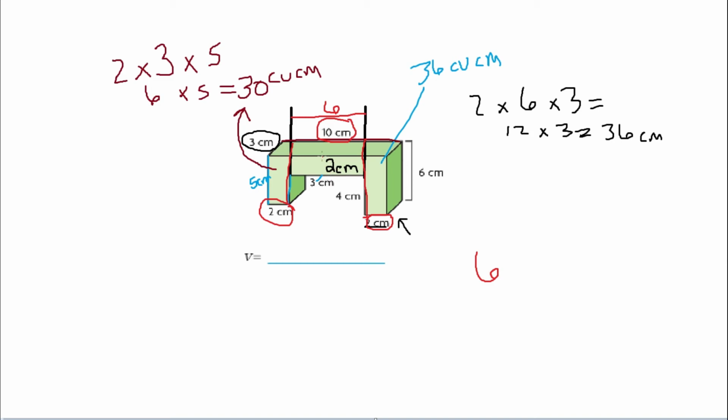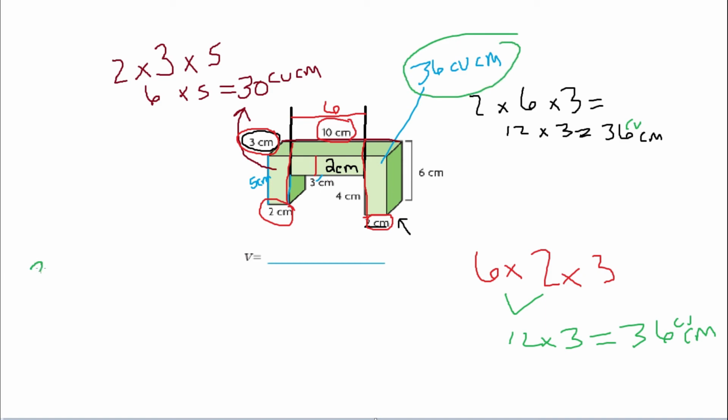Now, we discovered earlier that the height from this point right here is 2. And then the width continues to stay the same, which is 3. So 6 times 2 is 12, times 3 equals 36 cubic centimeters. Okay, so I have 36 cubic centimeters for that one. I have 30 for that one. And then for the middle piece, I also have 36.